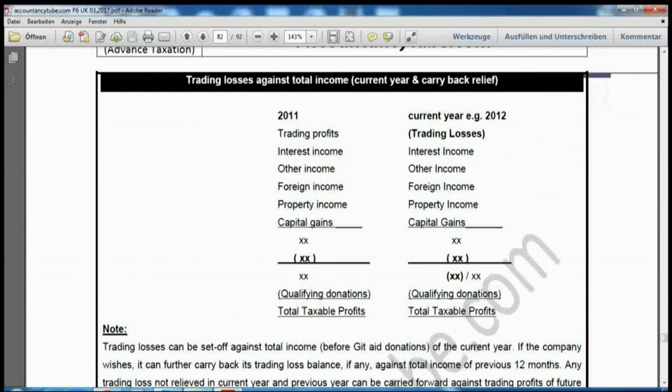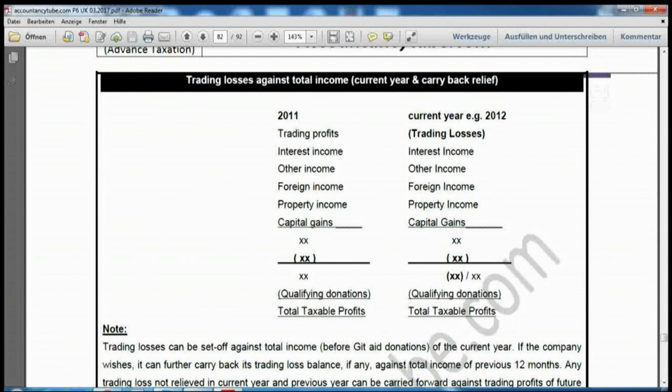First is the crunch year against total income. Then if the company wishes, it can carry back its trading loss balance, if any, against the total income of the previous 12 months. So this year and the previous 12 months against total income. And any trading loss not relieved in the current year and the previous year can be carried forward against trading profits of the future year.